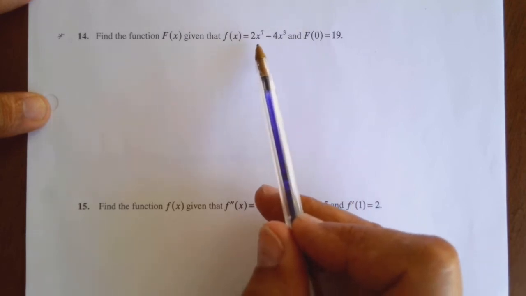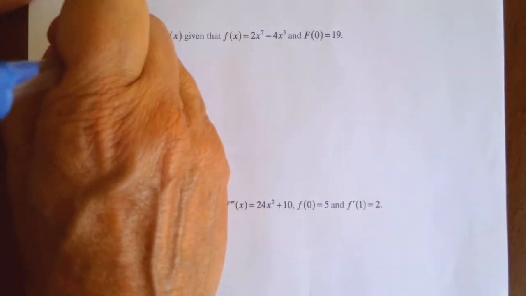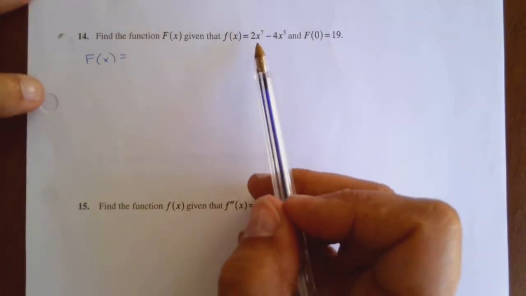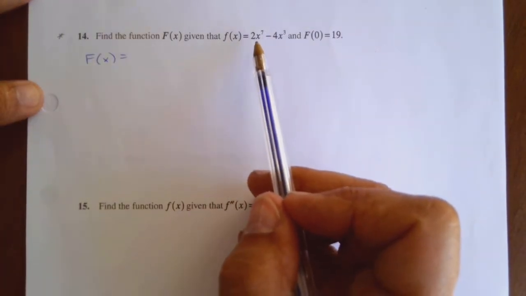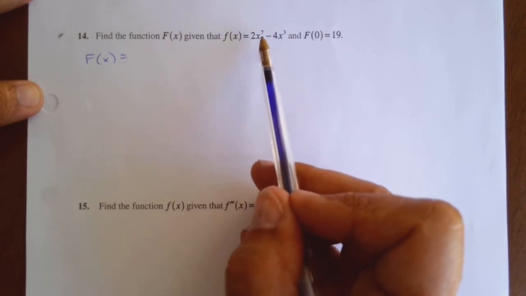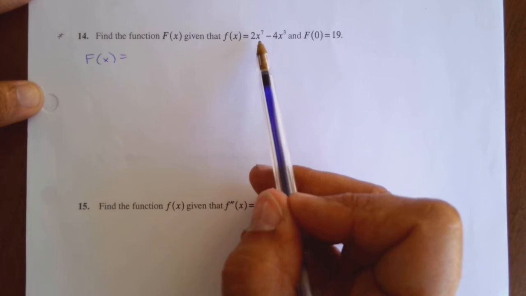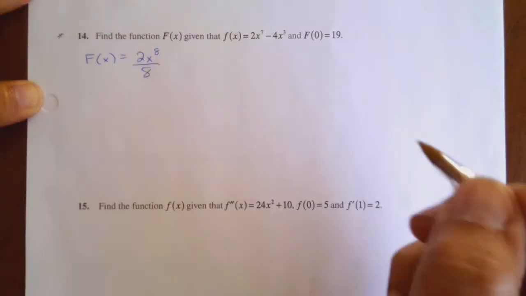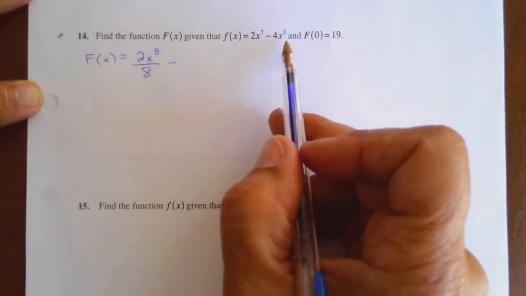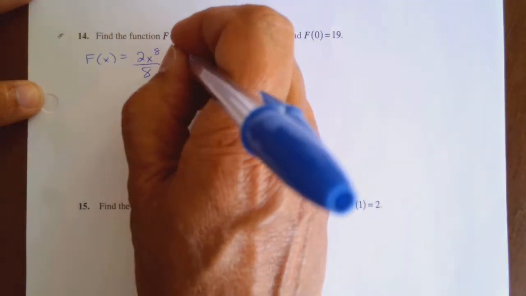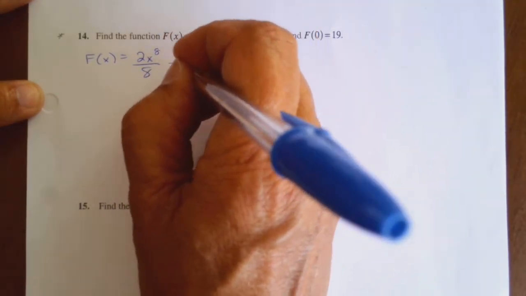All right, so here's the function, so let's do the antiderivative. So in this problem, it will be capital F of x, okay? So remember the rule for the polynomials for each term is to add 1 to the exponent and divide by that number. So the antiderivative of 2x to the 7th will be 2x to the 8th over 8 minus the antiderivative for 4x cubed would be 4x to the 4th over 4.